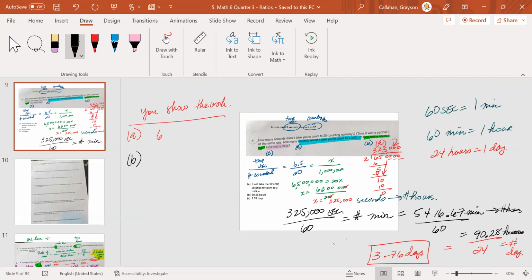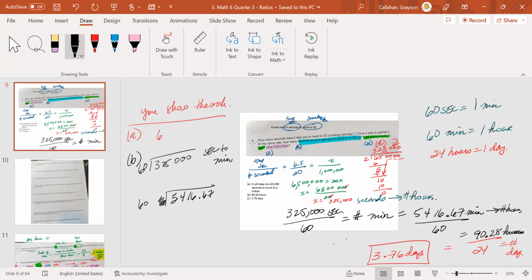So what that means is you have to go ahead and divide 325,000 divided by 60. Okay, this is from seconds to minutes. Okay, and then when you get the answer right there, you get 5,416.67. This is in minutes.